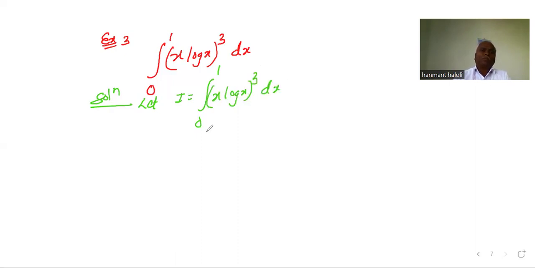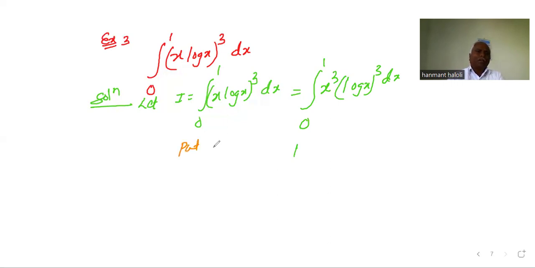Now if you split it in the proper way, you get integral 0 to 1 of x raised to 3 and log x raised to 3 dx. Now in such cases, you can replace log x: put log x equal to minus t.